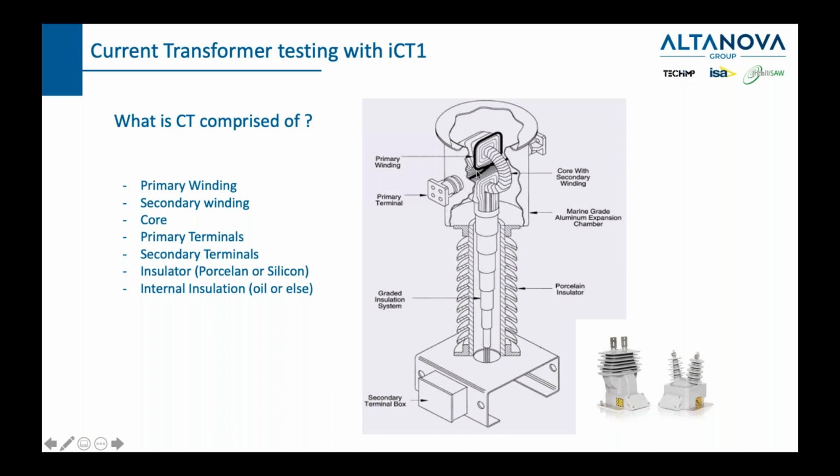The current passing through this winding creates an electromagnetic field, and then this electromagnetic field, using the core, is moved onto the secondary winding. This is the secondary winding, this is the secondary side. Then we also need to have some insulation, the internal graded insulation, and the outside porcelain insulator, and then we have here a terminal box for the connection of the secondary side.